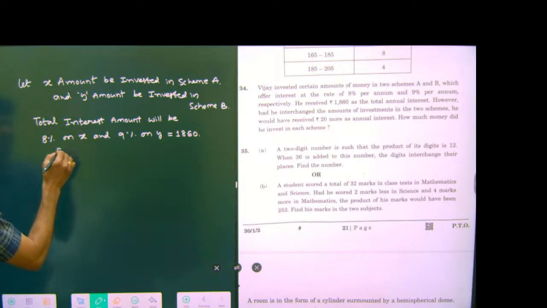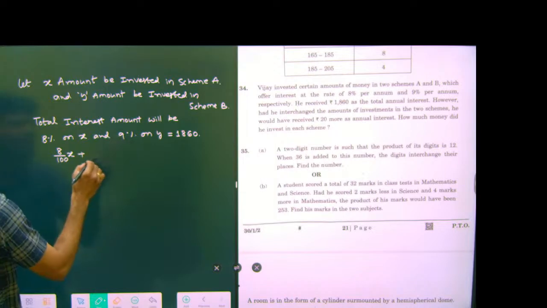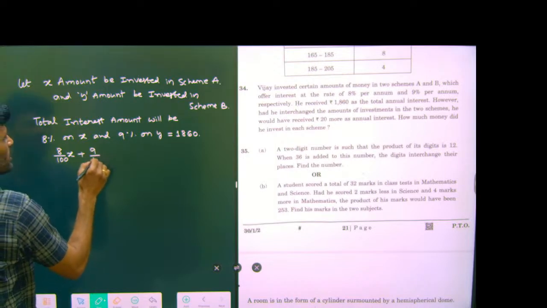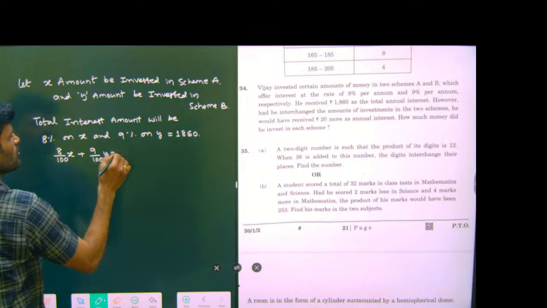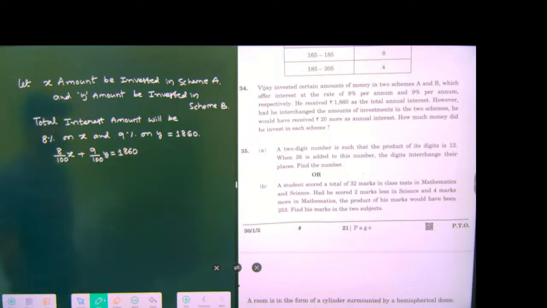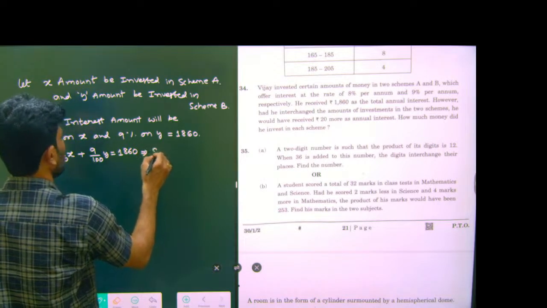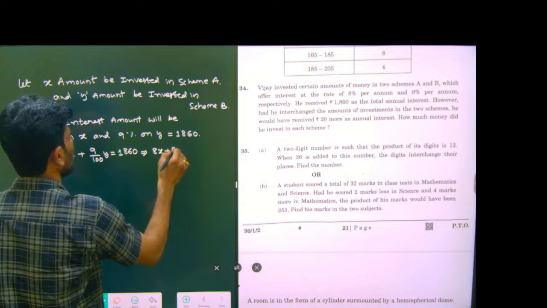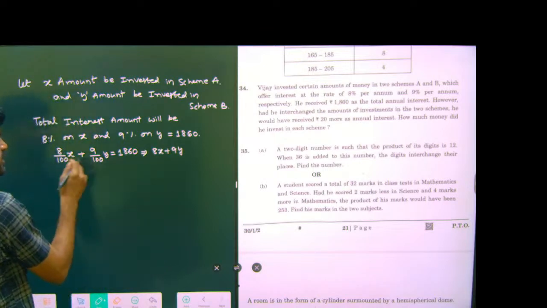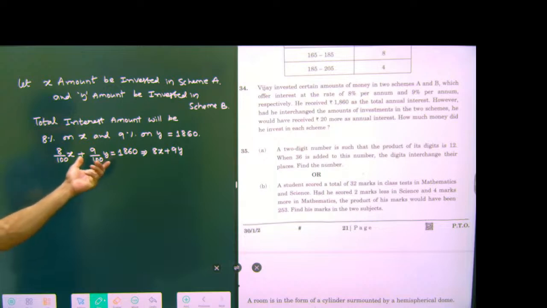8% on X means 8 by 100 of X, plus 9% of Y means 9 by 100 of Y, is equal to 1860. This is the first equation. If you understand this, you will get the remaining solution easily. From this we get (8x plus 9y) divided by 100, because both the denominators are 100, is equal to 1860.